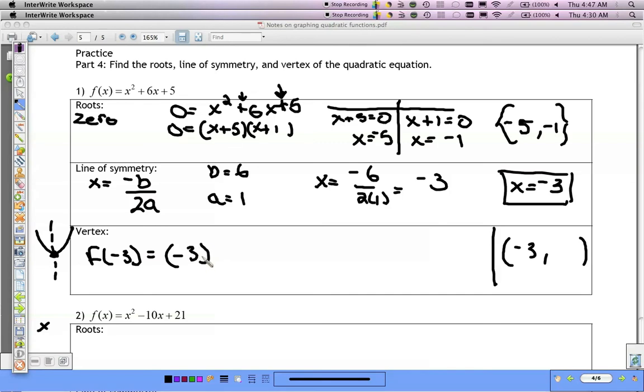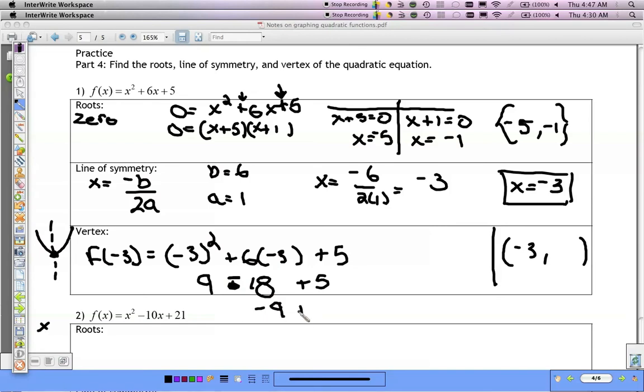So -3 squared plus 6 times -3 plus 5. -3 squared is 9, plus 6 times -3 is -18, and plus 5. 9 minus 18 is -9.